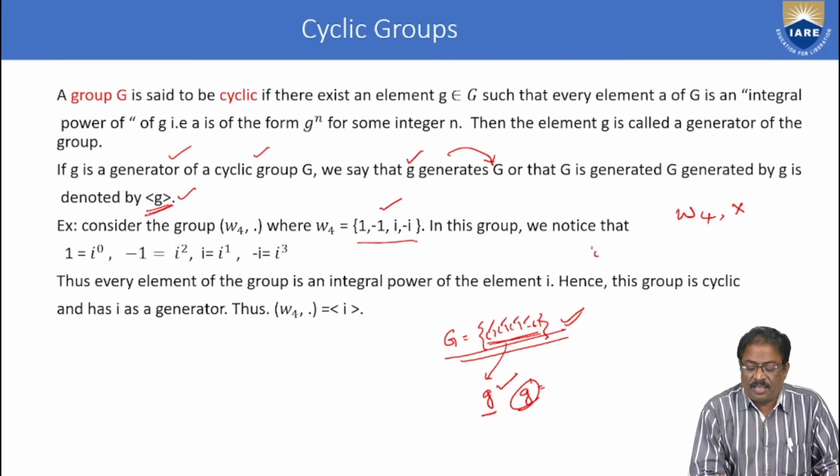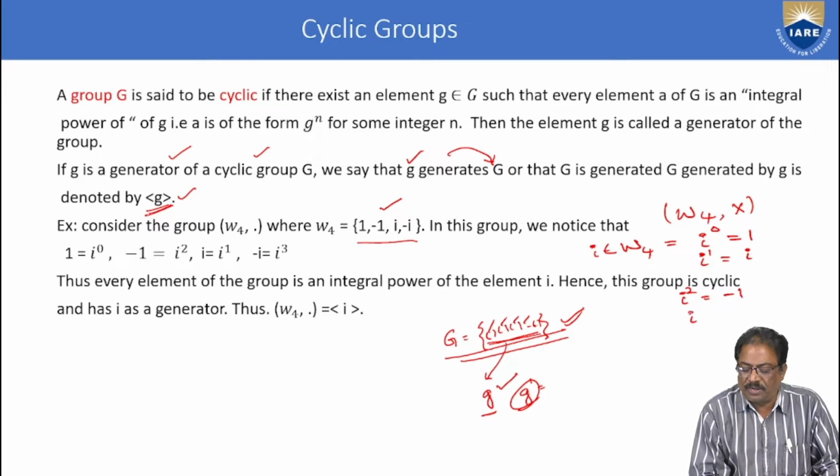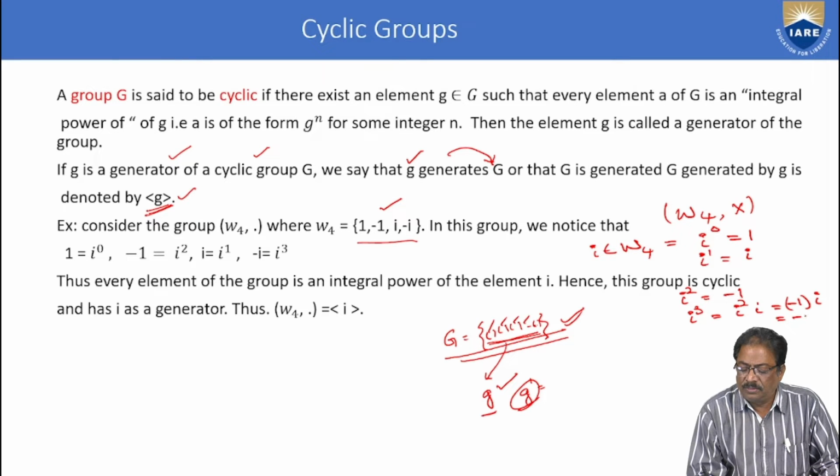I am taking i belongs to W4. Then i power 0 is equal to 1, i power 1 is equal to i, i power 2 is equal to minus 1, and i power 3 is equal to i square into i, which is minus 1 into i, which is equal to minus i.